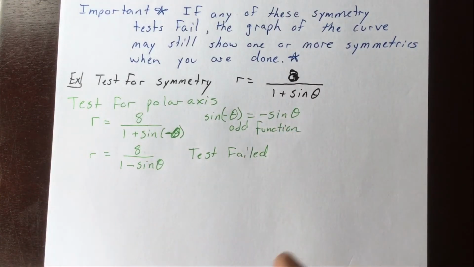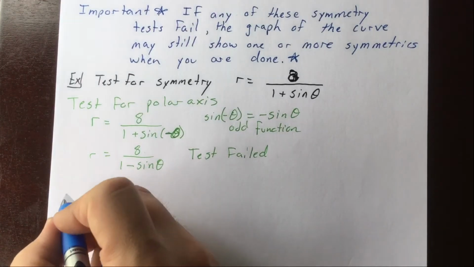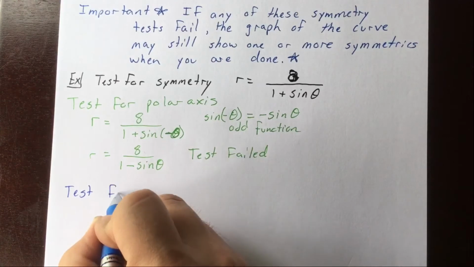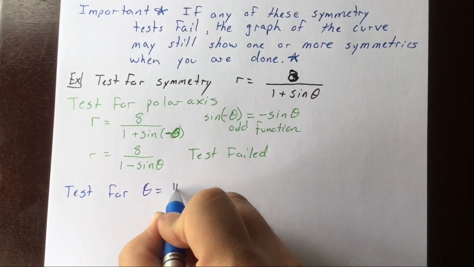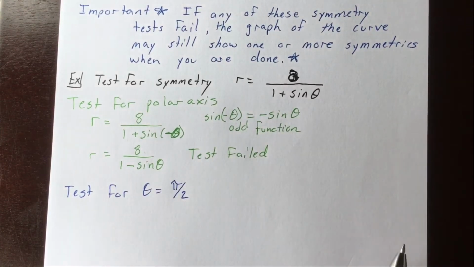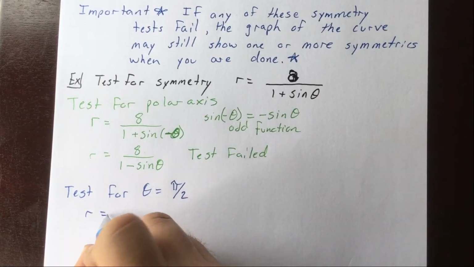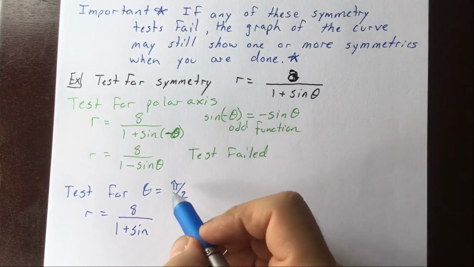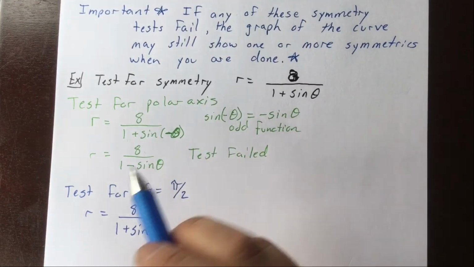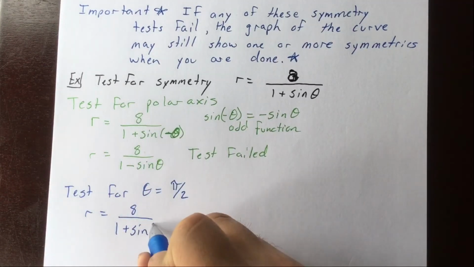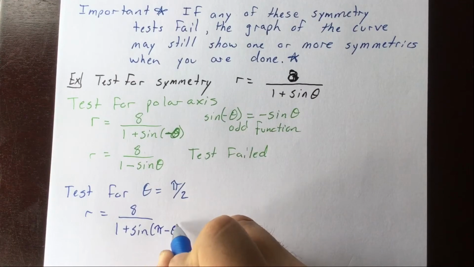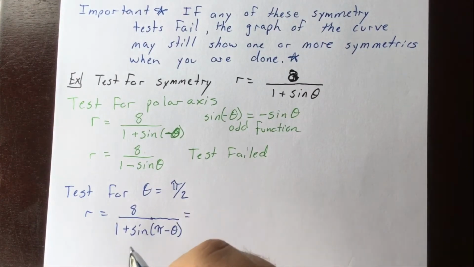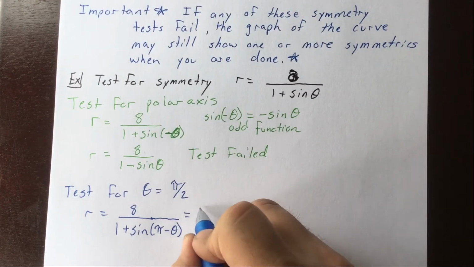So it might be symmetric, it might not be, but the test here failed. And then let's test for the line theta equals pi over 2. So we think here 8 over 1 plus sine. Theta equals pi over 2 is the second quadrant, so pi minus theta. I have a difference here, so we're using the sine difference identity.